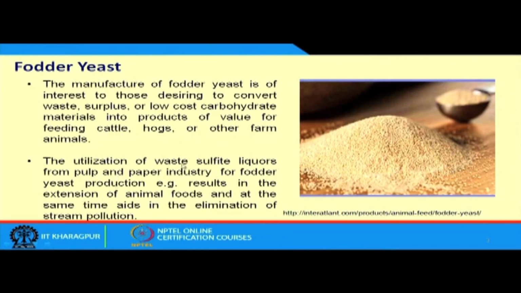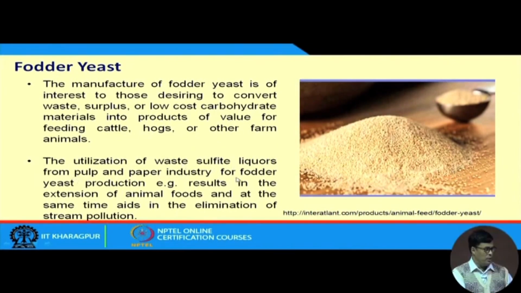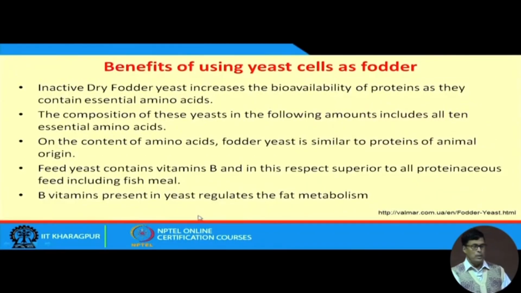The utilization of waste sulfite liquor from the pulp and paper industry for fodder yeast production, for example, results in the extension of animal food, and at the same time aids in the elimination of a stream of pollutants, because this sulfite waste liquor, if thrown into the environment, causes pollution. This is another issue that has to be seriously considered.